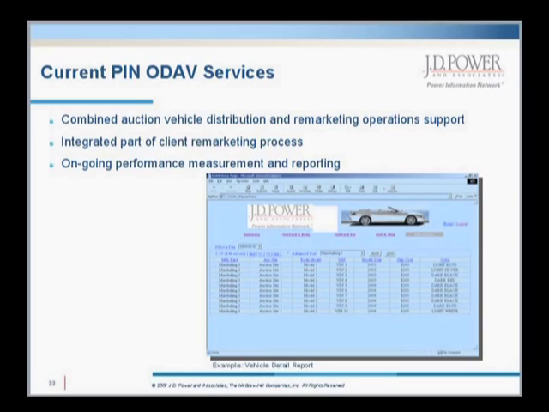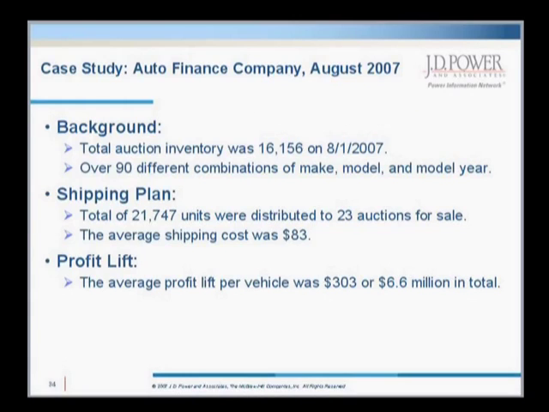And then we provide on a weekly and monthly basis ongoing performance measurement and reporting. And how we do this, let me show you an example here real quick of one of our captive finance clients. So in August 2007, their situation was that they had a little bit over 16,000 vehicles in their inventory, which accounted for about 90 different make and model year combinations that had to be modeled.